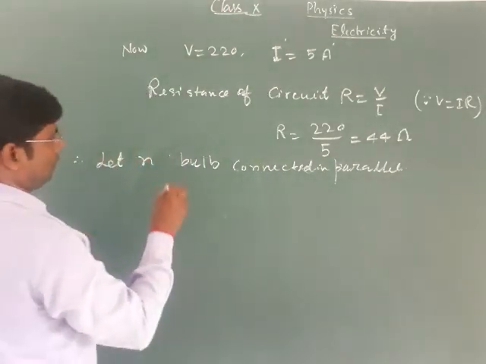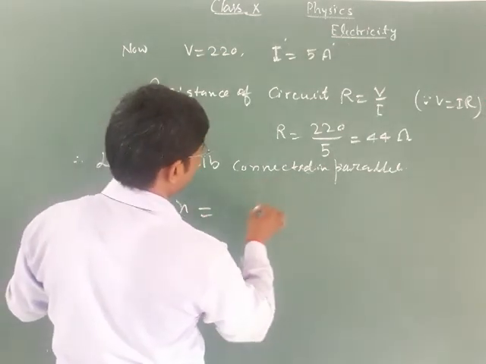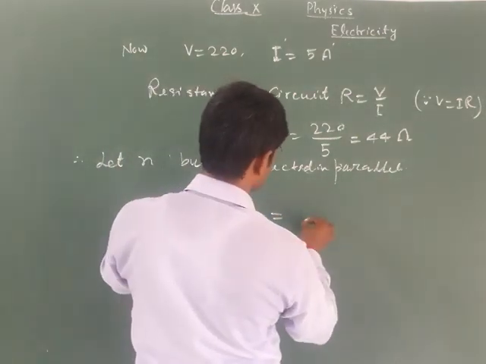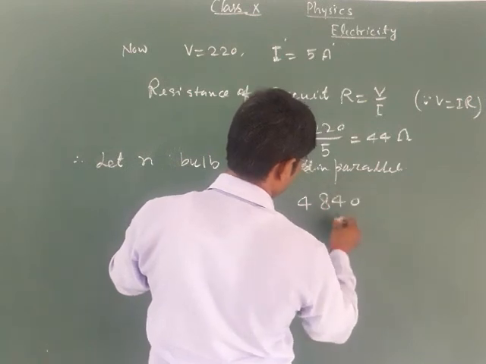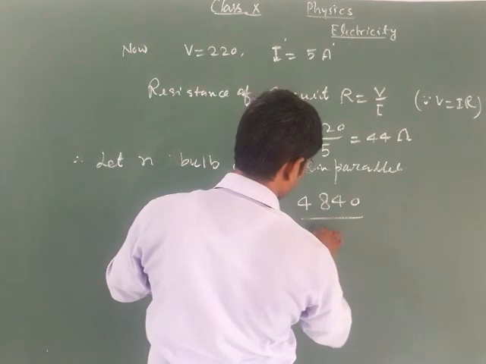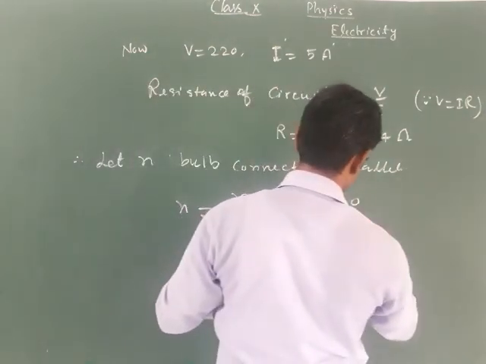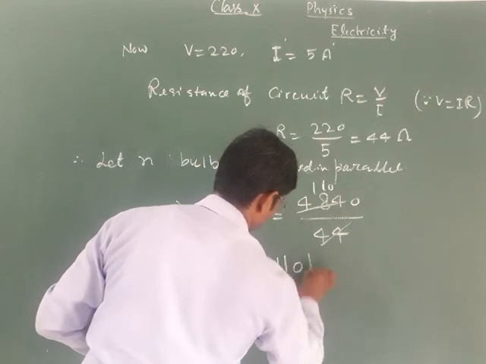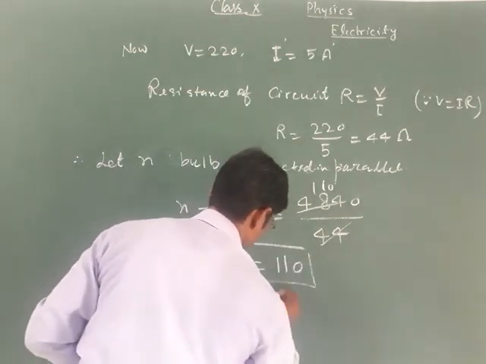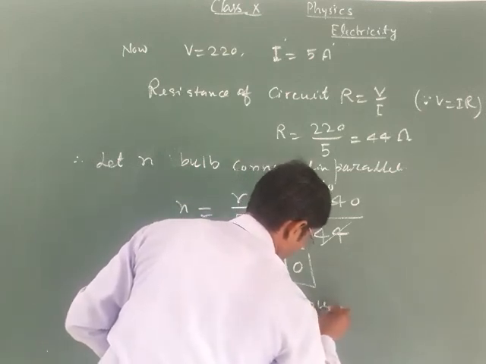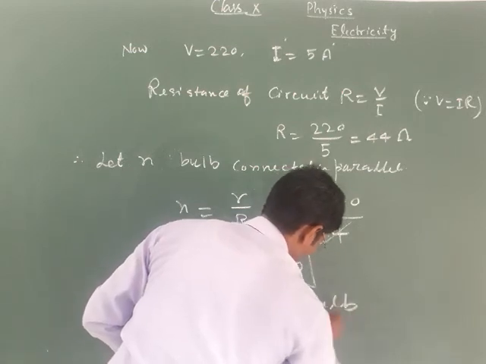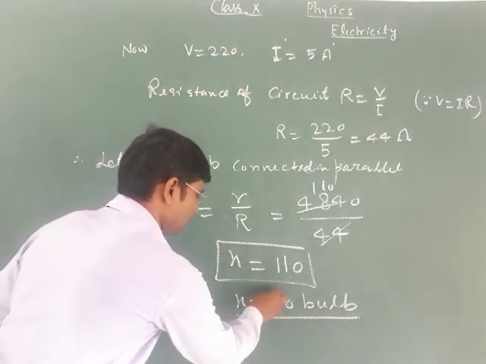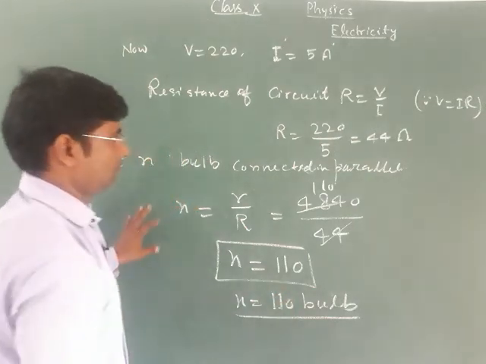So n is equal to r by R, which means 4840 upon 44, so now 110. n is equal to 110 bulbs. So 110 bulbs can be connected in parallel.